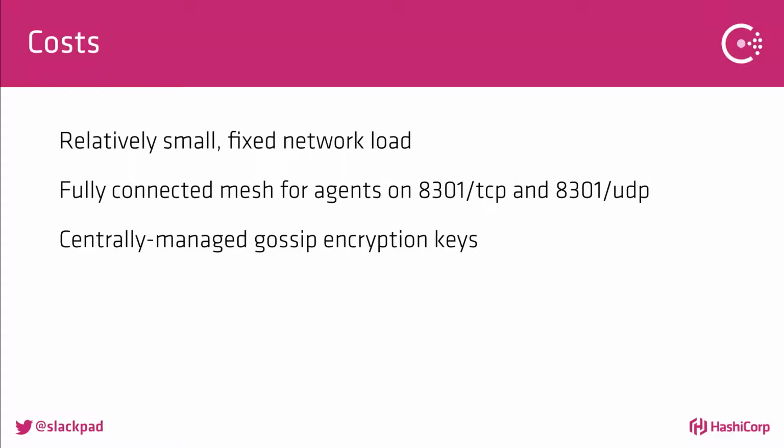And the one other kind of wrinkle here is because UDP is involved, we don't have a mechanism to secure this with TLS, so there's a Gossip encryption key that's involved here. So there's a little bit of overhead in terms of installing keys and rotating them. We have APIs and command line commands to manage that, but there is an extra step to secure the Gossip. It's simple, but it's a step.